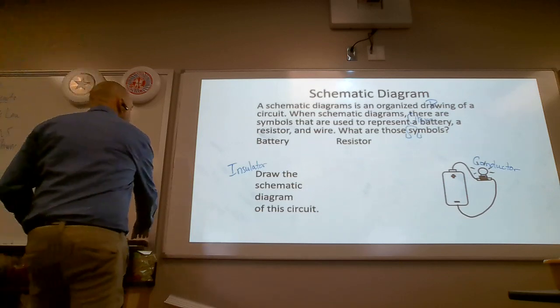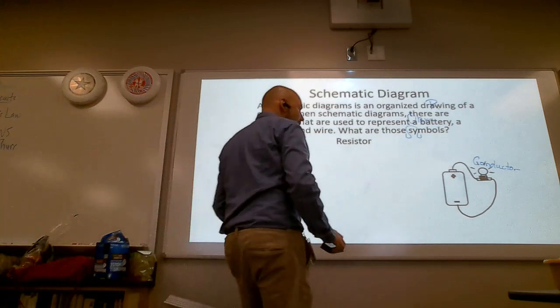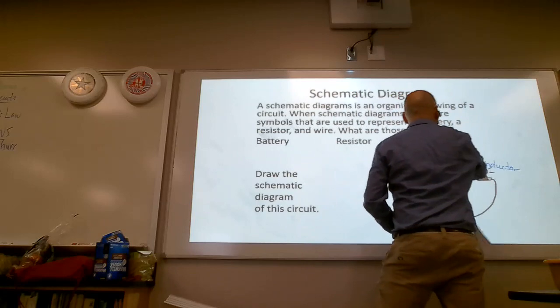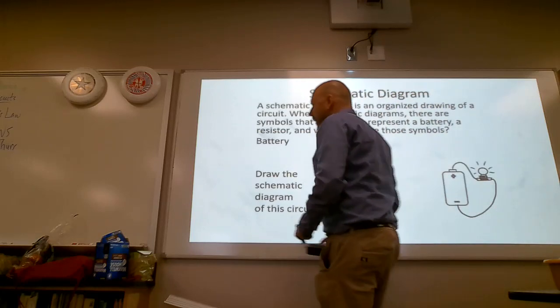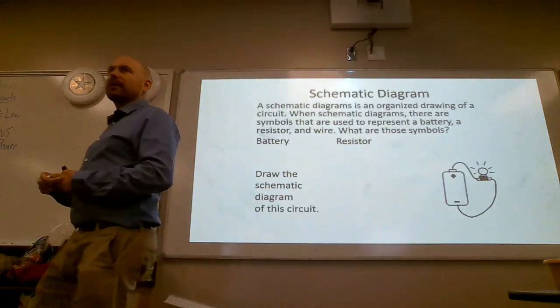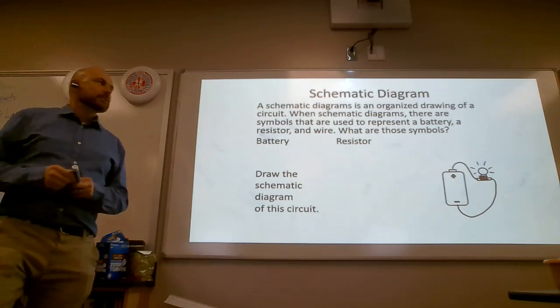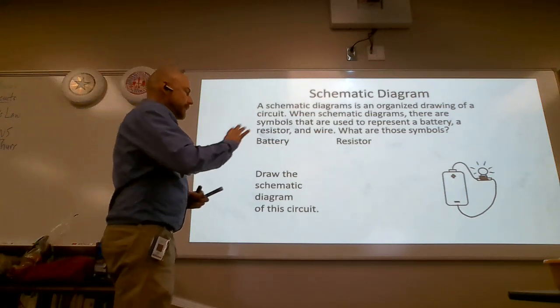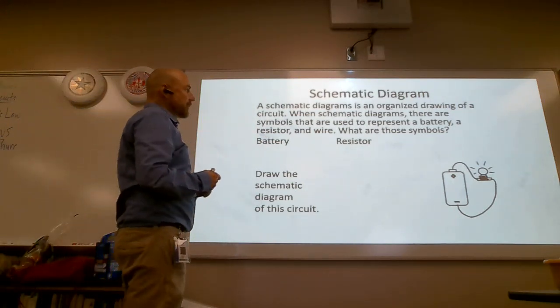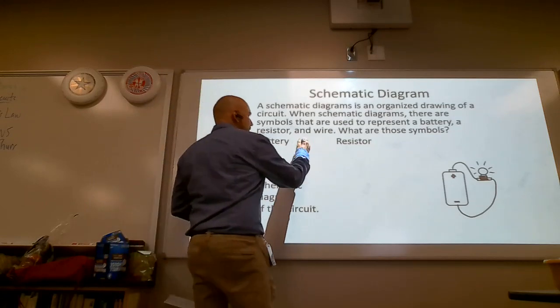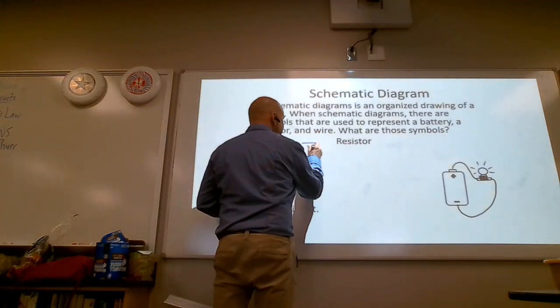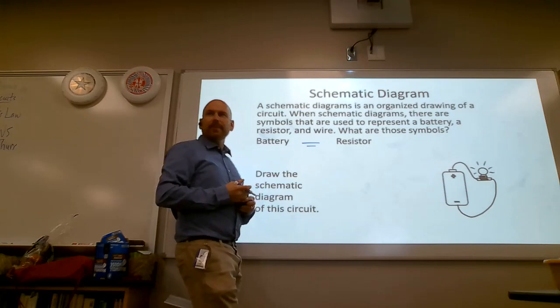All right. So we like to draw symbols for things. If you've ever seen an electric diagram, it's known as a schematic diagram. They come up with symbols. So that's the symbol for a battery.